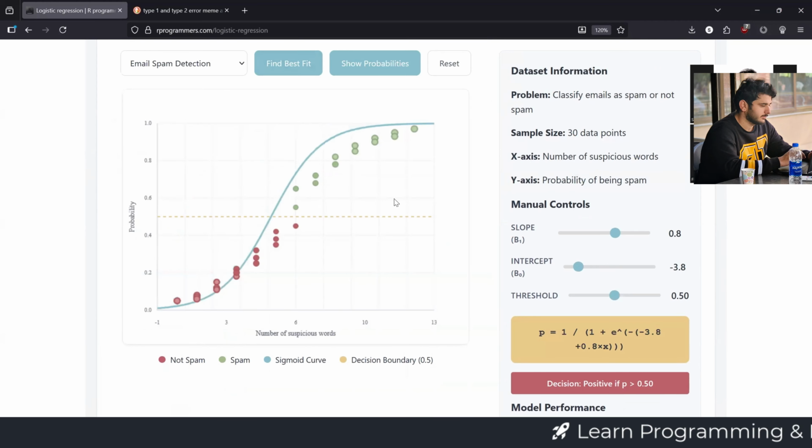Now if recall is more important or we are trying to avoid type 2 error, we need to increase that, and we will modify our threshold and see how far we can go. So you can play along with the threshold values and other values to get better accuracy, precision and recall. That's totally up to you. It's basically the demand of the problem we are trying to solve here.